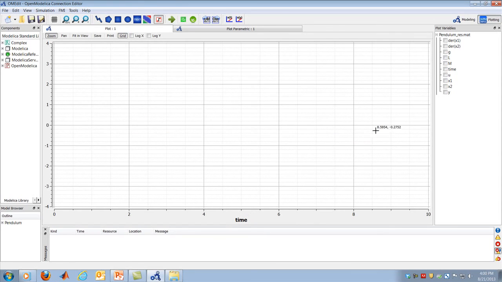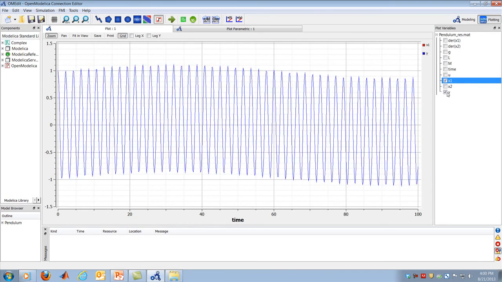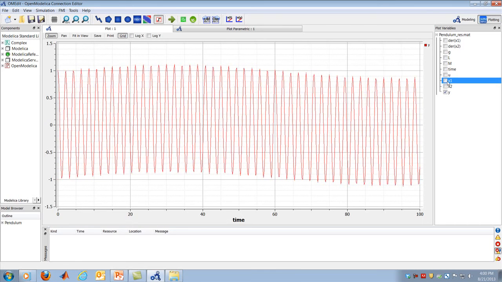And now let's say this x1 is the same as y. So regardless of whether I plot x1 or y, I'm getting the same plot. This is the angular displacement of the pendulum as a function of time. You notice how I have two sinusoidal patterns superimposed on one another. The relatively fast pattern is the natural oscillation of the pendulum due to the initial condition.